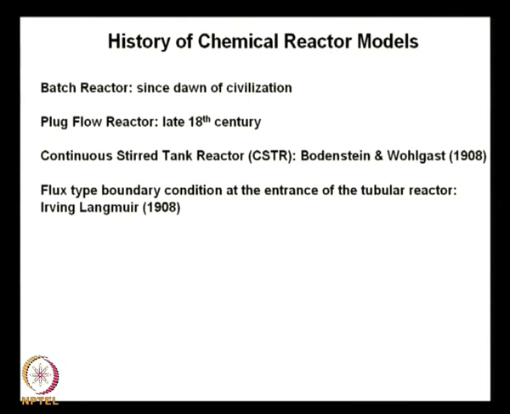As I said, Langmuir got the Nobel Prize later because of his work on adsorption kinetics, the Langmuir kinetics, but this was another of his path-breaking findings, the flux type boundary condition.